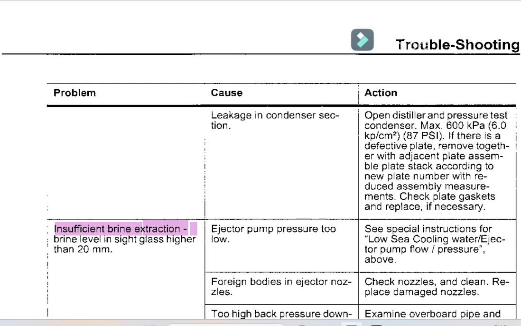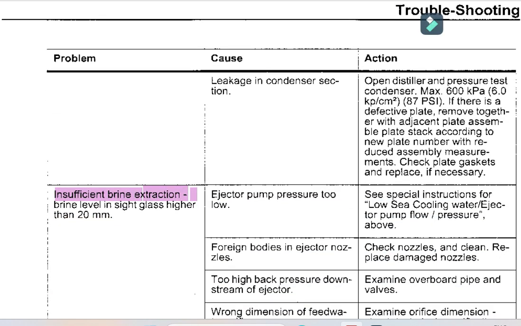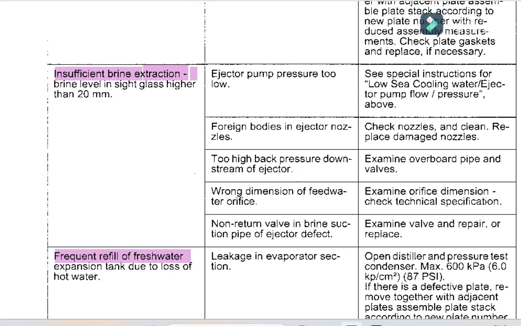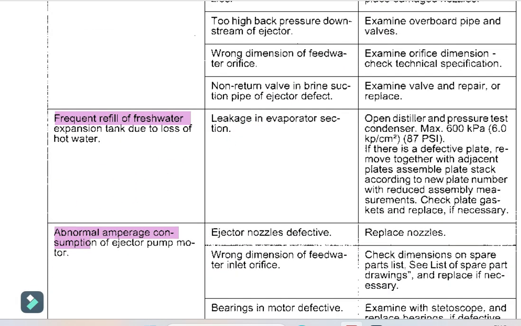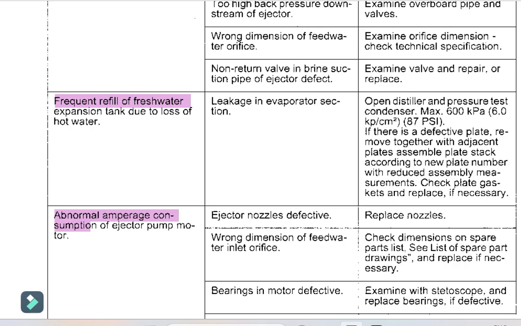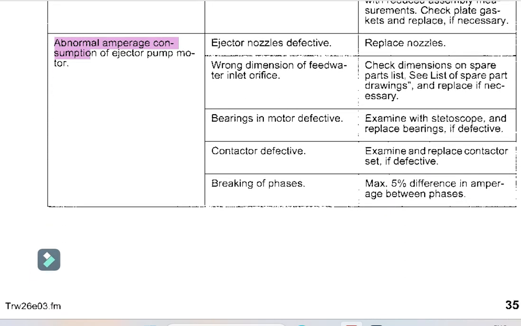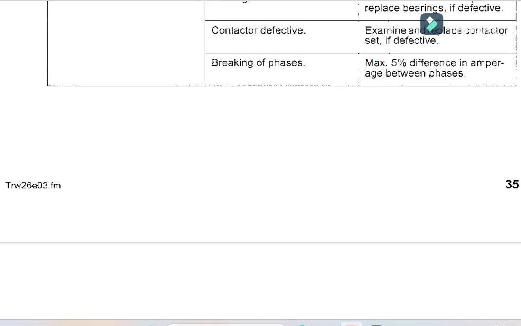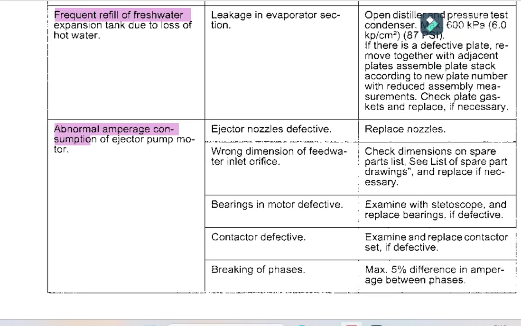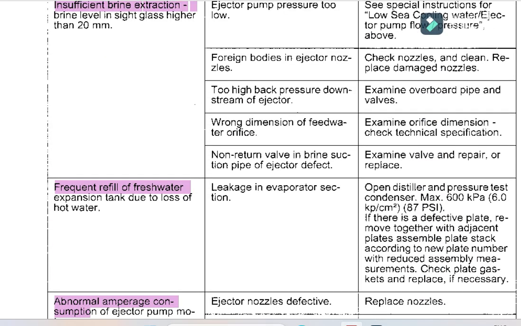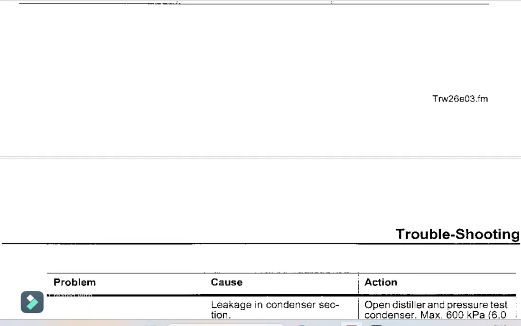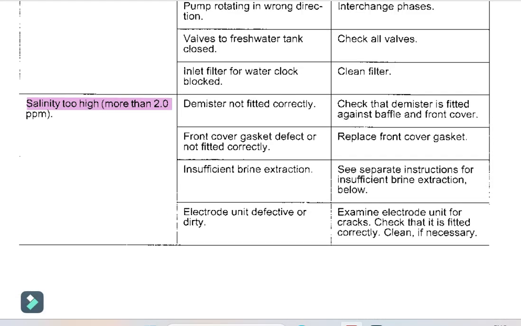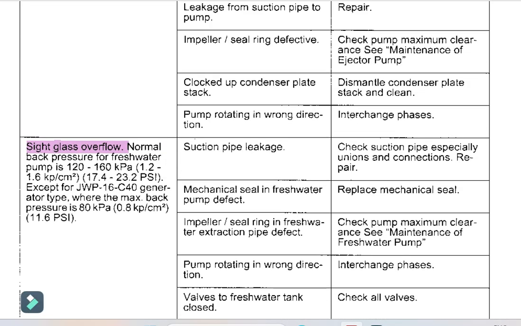So insufficient brine extraction, frequent refill of freshwater expansion tank due to the loss of hot water, and an abnormal amperage of the ejector pump. So these are some of the troubleshooting aspects which you should know, and in each case, what action you are going to take. So mostly it is going to help you in the MEP paper.